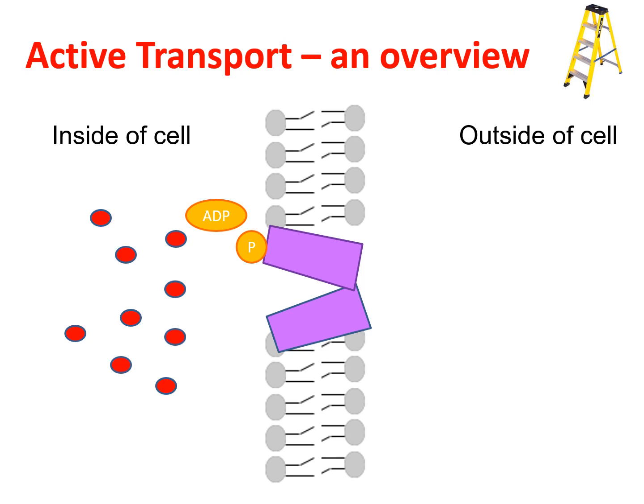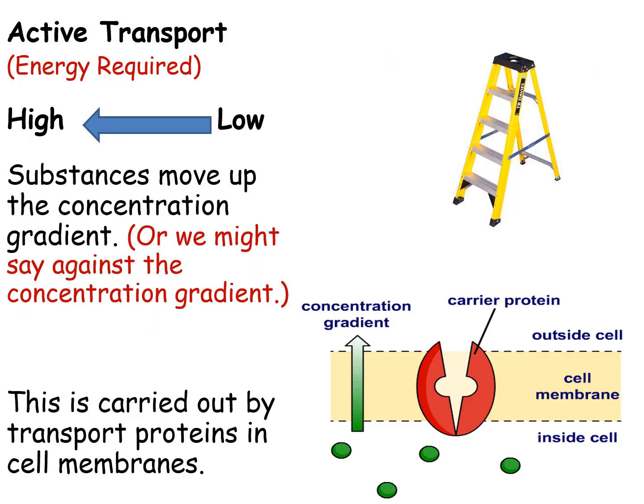Okay, so our summary of transport. So, active transport: energy is required, okay, from respiration. And that's because substances move up the concentration gradient, or you might phrase it as saying against the concentration gradient.